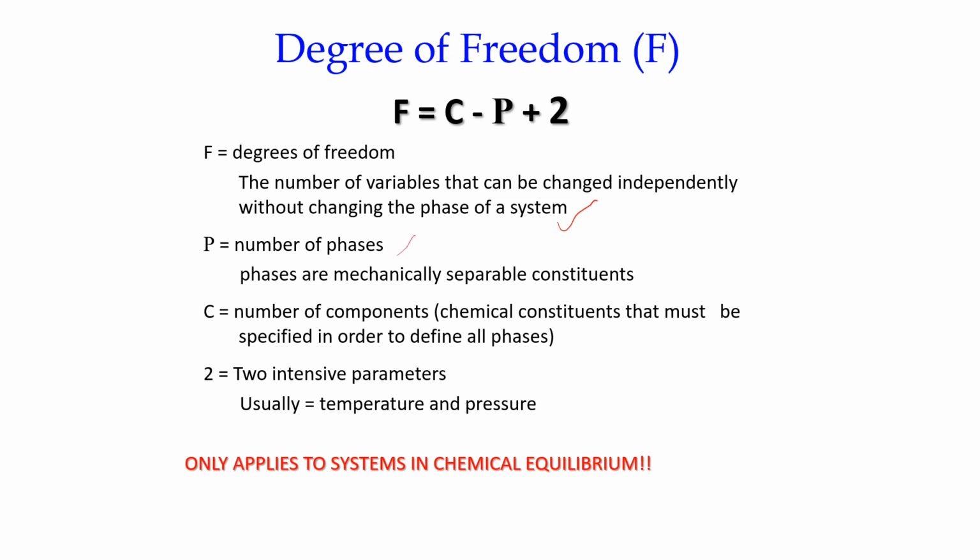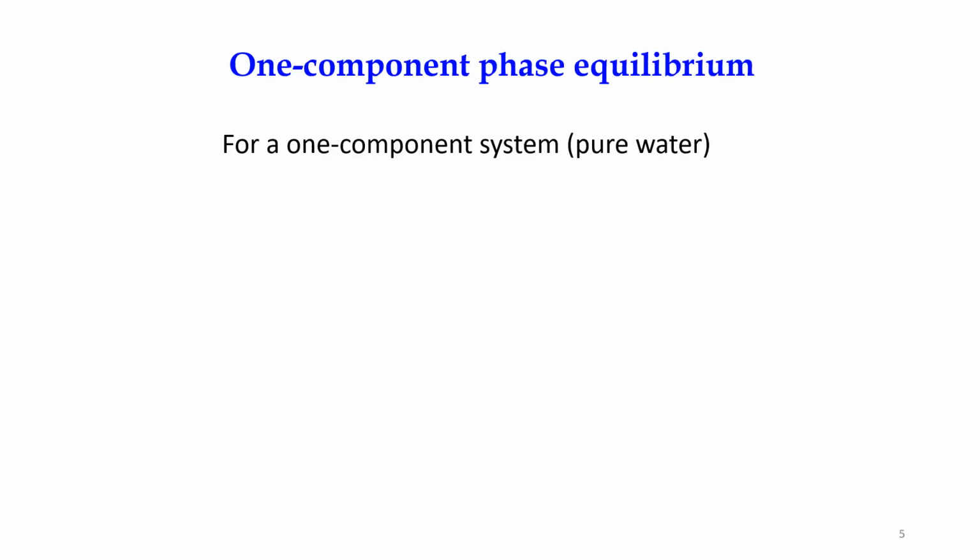Phases are mechanically separable constituents, and C is the number of components, the chemical constituents that must be specified in order to define all phases. And 2 refers to the two intensive parameters, which are temperature and pressure, and all of this only applies to a system in chemical equilibrium.